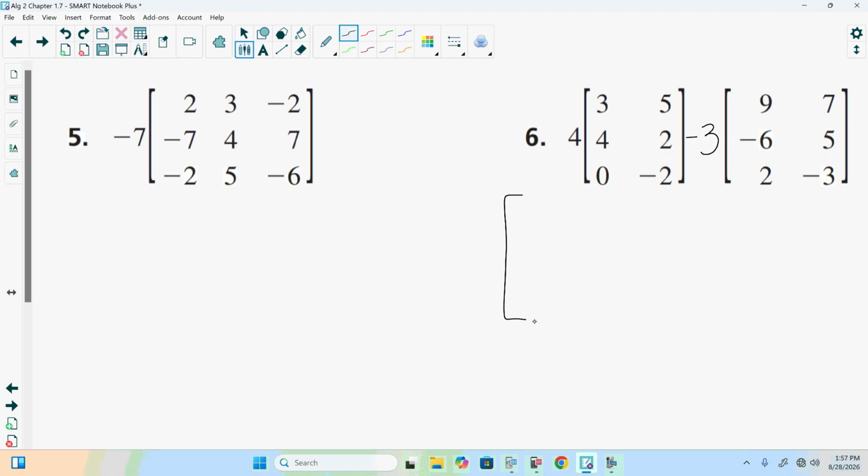Now multiplying the first one by 4 is exactly what we've been doing. 4 times 3, 4 times 5, 4 times 4, 4 times 2, 4 times 0, 4 times negative 2.